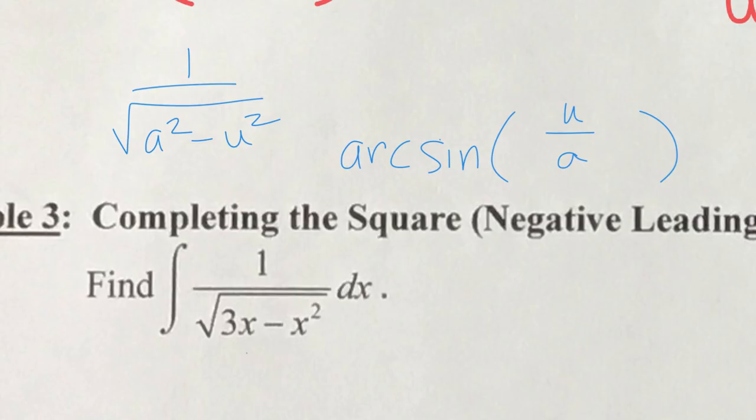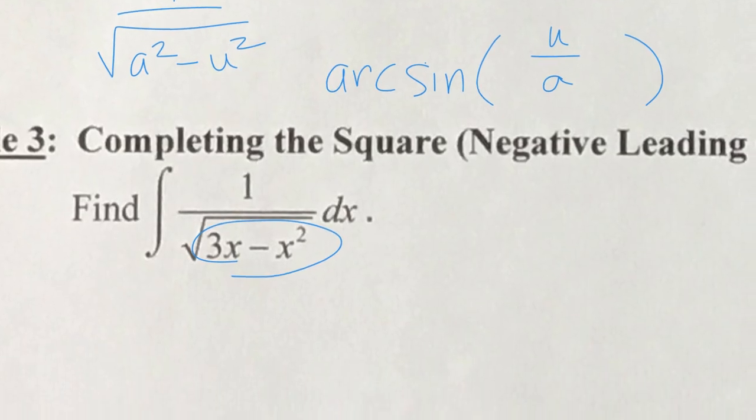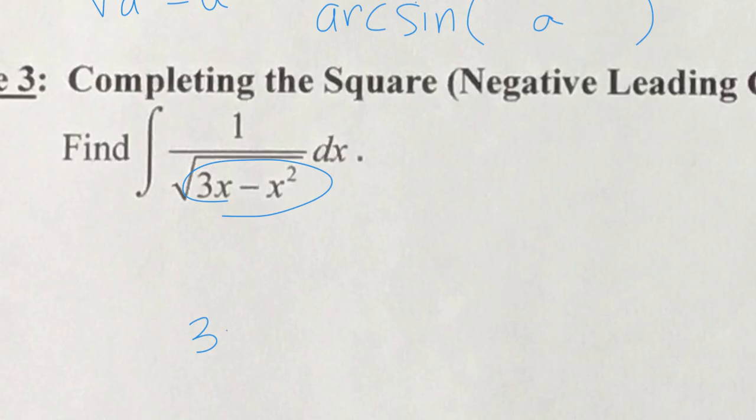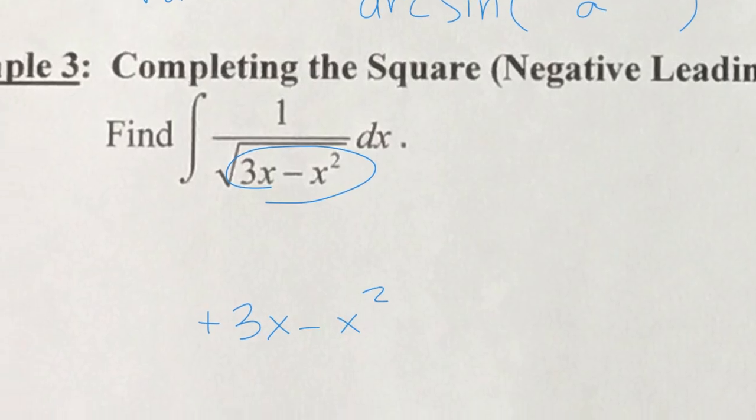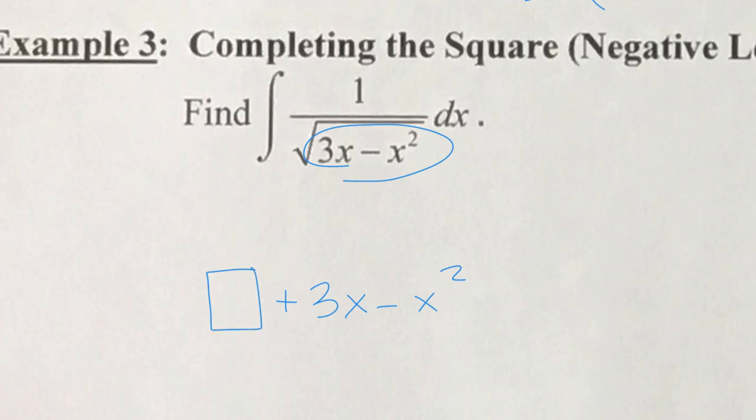We want it to be something that's easily anti-derivable, and right now this is not easily anti-derivable. So let's just mess with the denominator here for a second, and I'll put it back in. So 3x minus x squared. We're going to complete the square. So we add a box and we minus a box. So what goes in the box?